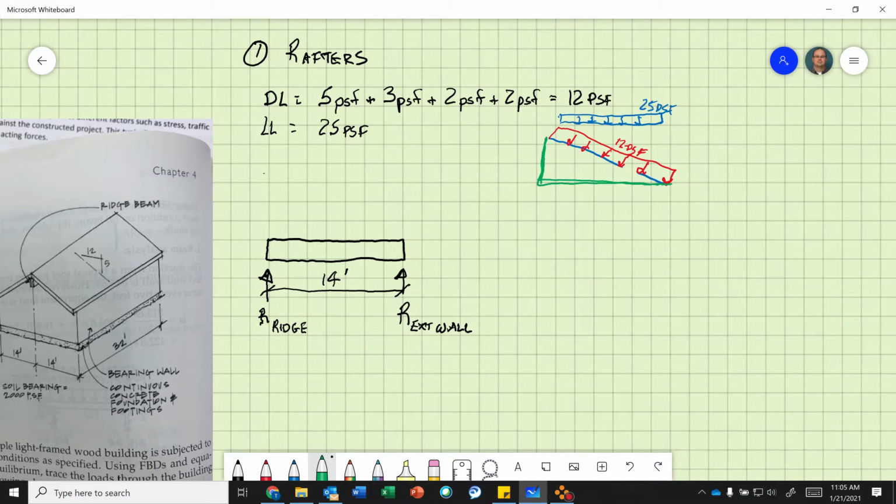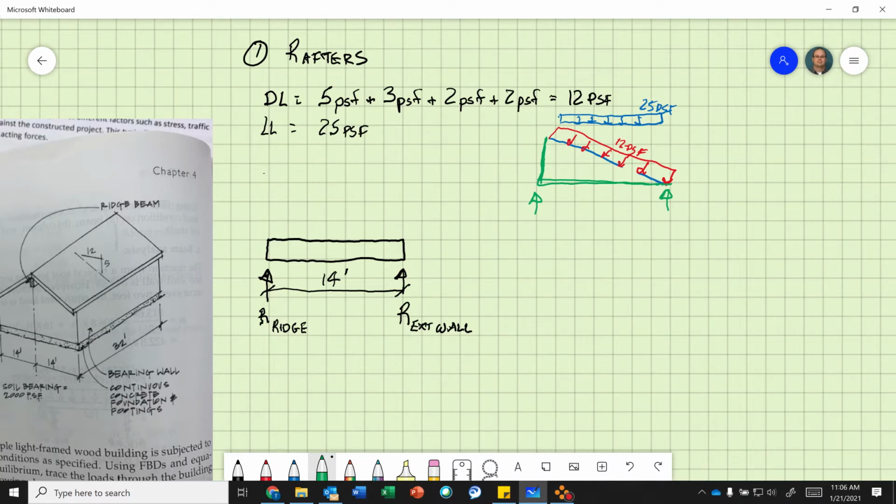That's what they mean by that. This is a right triangle. Would you agree that the hypotenuse, the length of the rafter, is longer than the horizontal projection? This is mimicking my free body diagram. This is 14 feet, but we know this is longer.